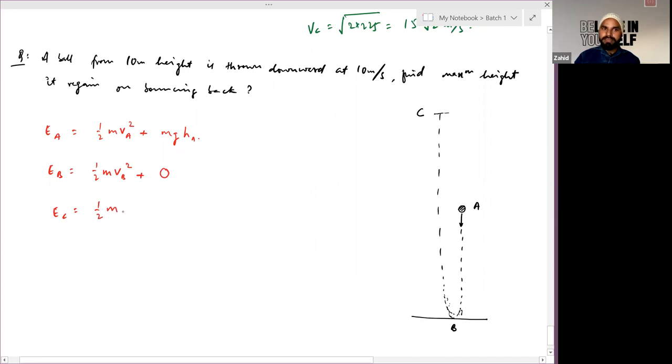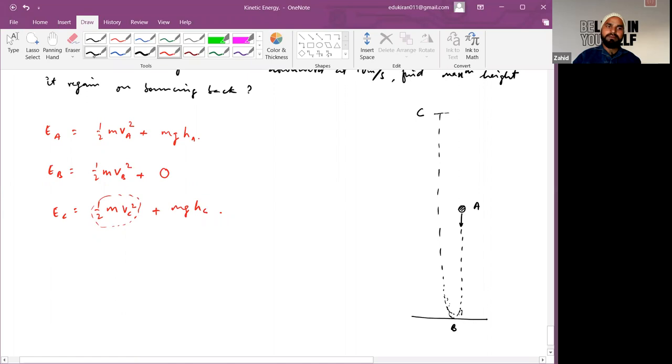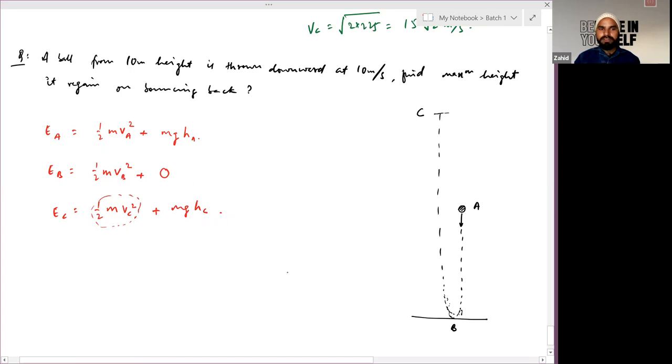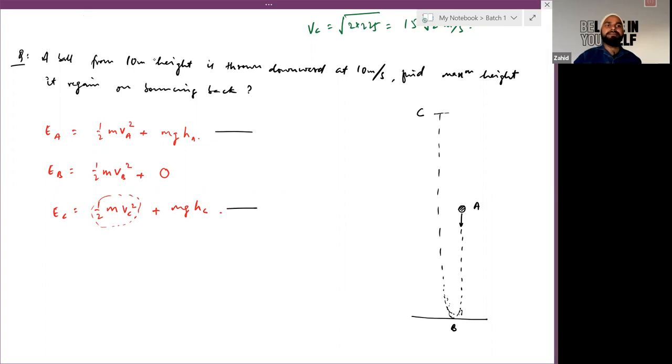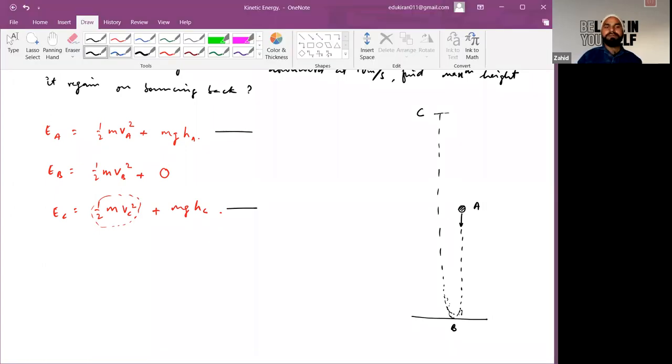Similarly, energy at this highest point: since velocity at the highest point will become 0, it will be 0 plus mg height at point C. Just equate any two terms, you will be able to calculate velocity at point B. Then equate the rest of the terms to calculate the other height. Or you may compare this term to this term directly to calculate height. Try to solve.